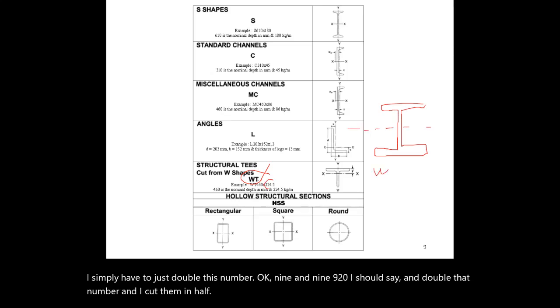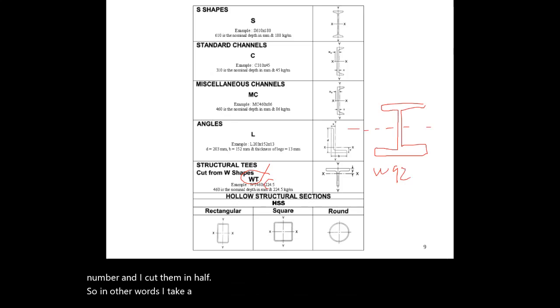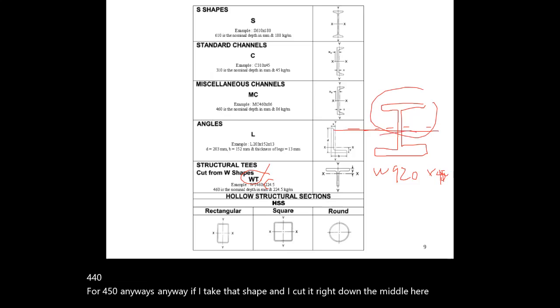So in other words, I take a W920 by whatever it is, 255 times 2, by 450. Anyway, if I take that shape and I cut it right down the middle here, this becomes a WT and that becomes a WT.